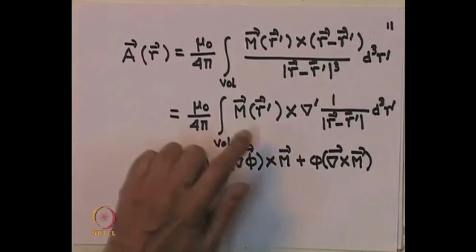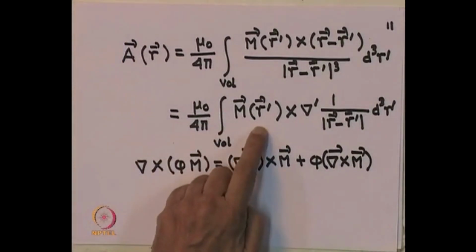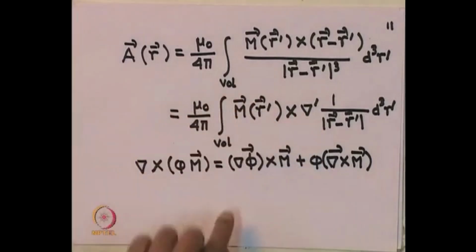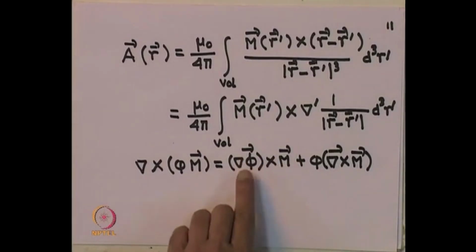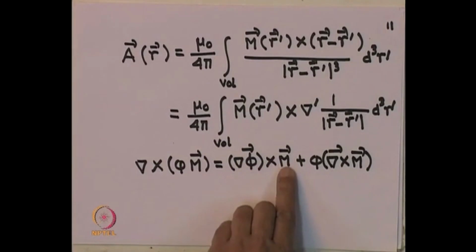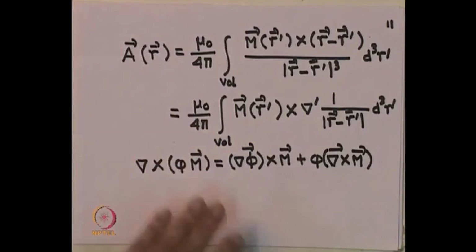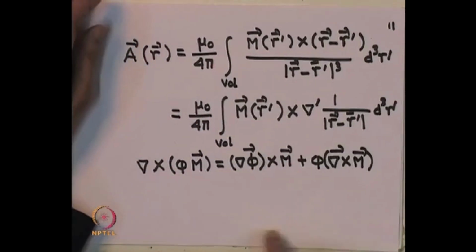Notice in this expression here, I have got m cross gradient. So, this is very similar to what I have here, excepting that here the grad comes on this side, m comes on that side. That can be taken care of by a minus sign.